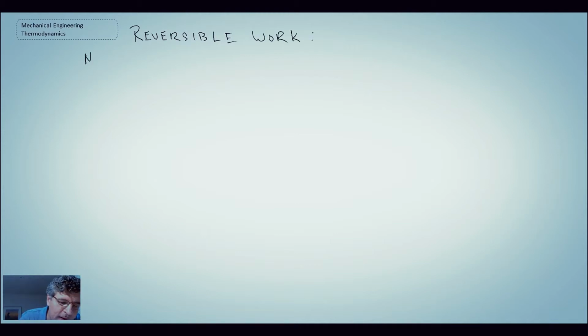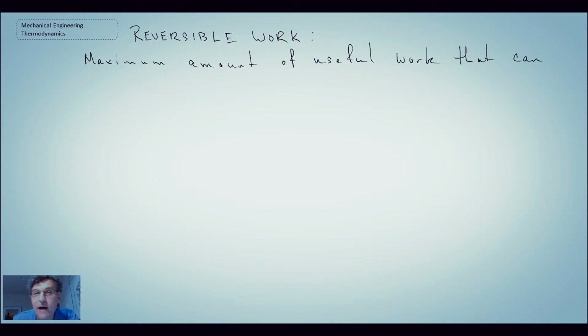Reversible work is defined as being the maximum amount of useful work that can be produced. So that is what reversible work refers to. And it makes sense. It would just be the maximum amount of work that you could produce if you had no irreversibilities in your system.